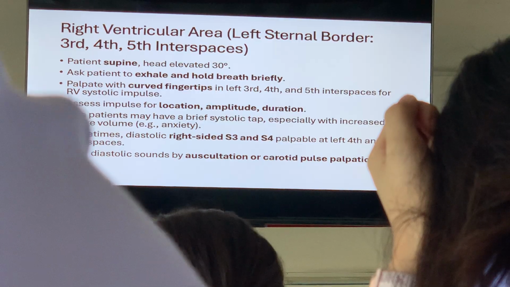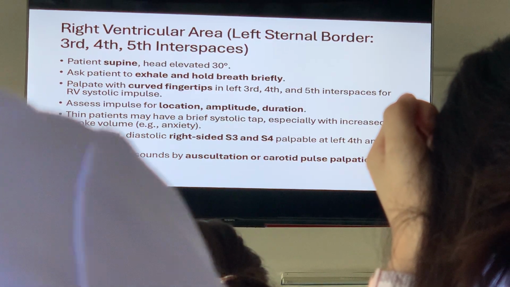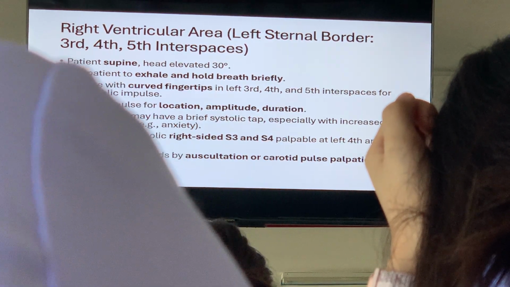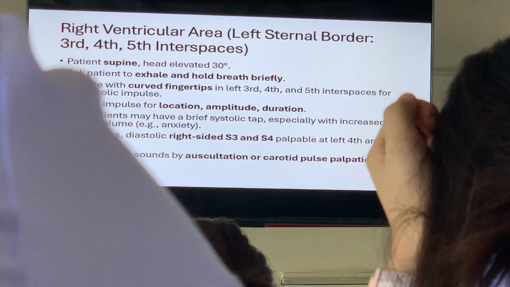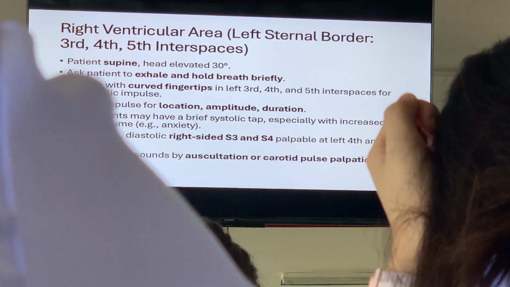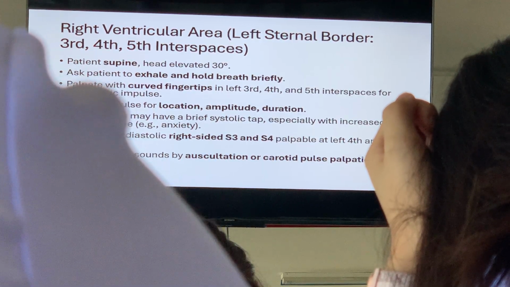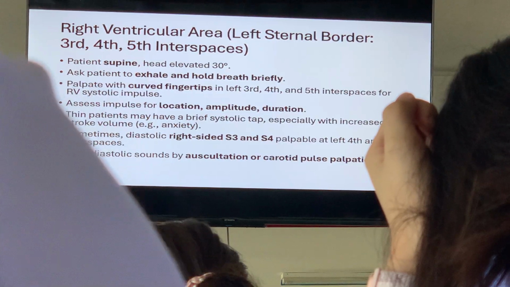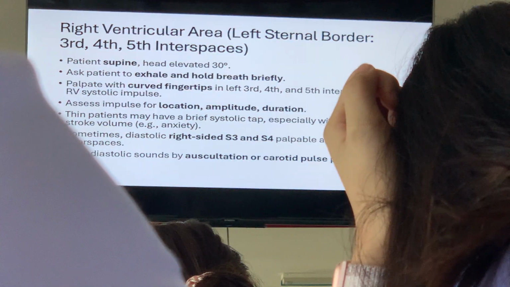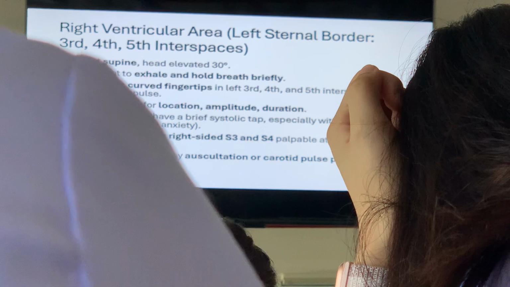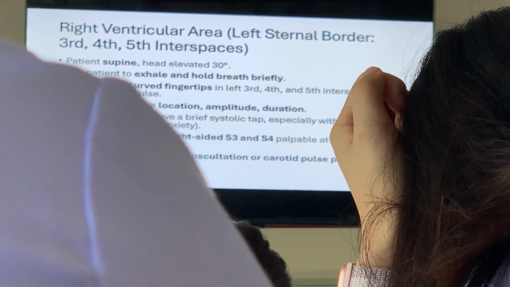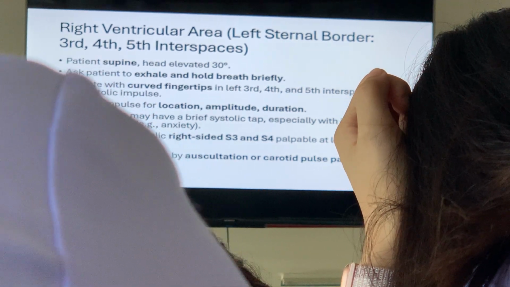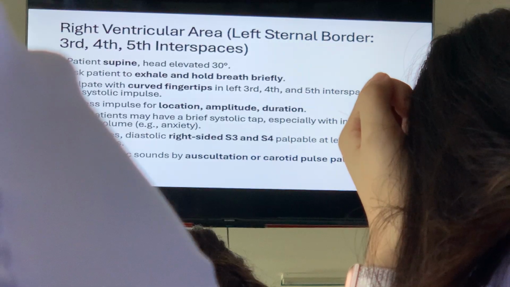In terms of the right ventricular area, the left lower sternal border, the third, fourth, and fifth interspace, you ask the patient to lie supine with the head elevated. So when you're measuring for the BMI, left lateral, after you have done assessing the BMI, supine, okay? Third, fourth, and fifth. So ask the patient to exhale and hold the breath briefly.